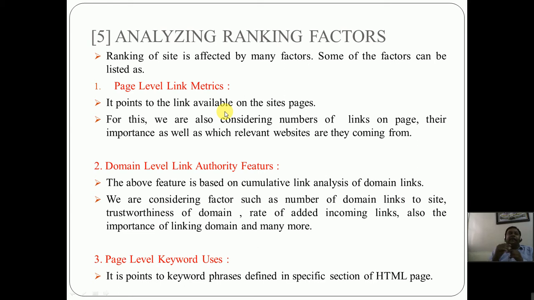In previous lectures we saw that on the Saurashtra University website so many links are available. The links available on the site pages are an important part of the metrics. For this we also consider the number of links on a page, their importance, as well as which relevant websites they are coming from.